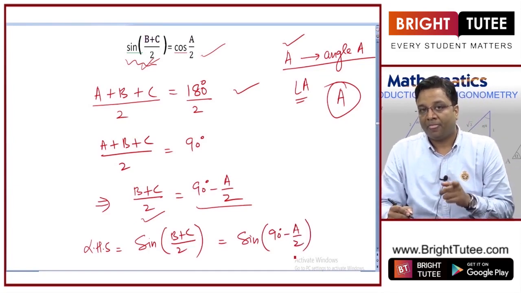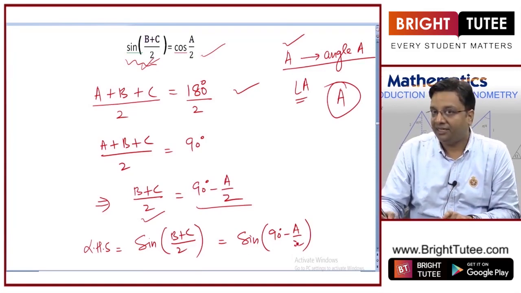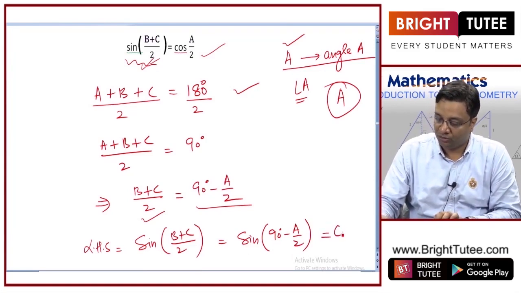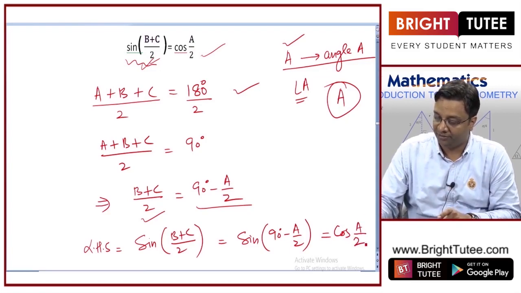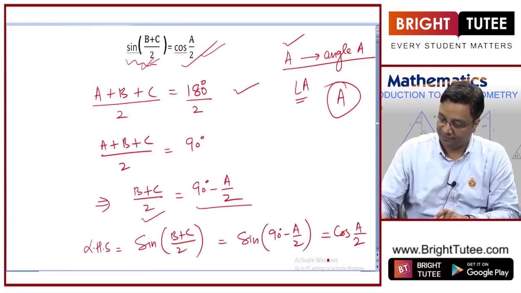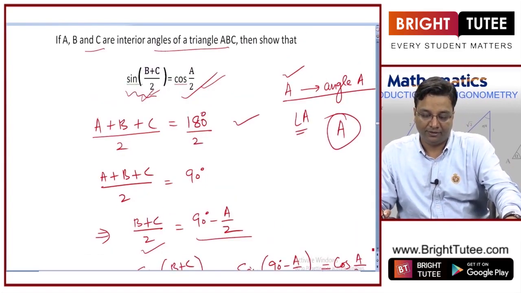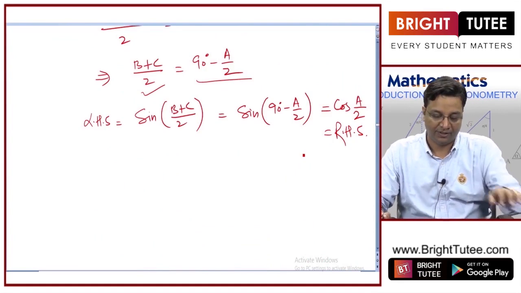Now from the knowledge of complementary angles, we can say that sin(90 minus theta) is equal to cos theta. So sin(90 minus A by 2) is equal to cos(A by 2), which is nothing but our right hand side. So this is your final answer.